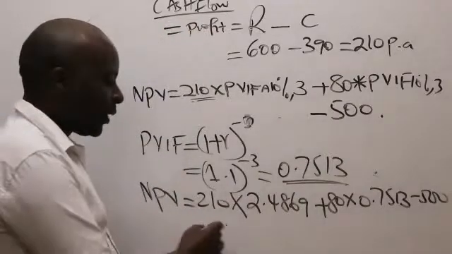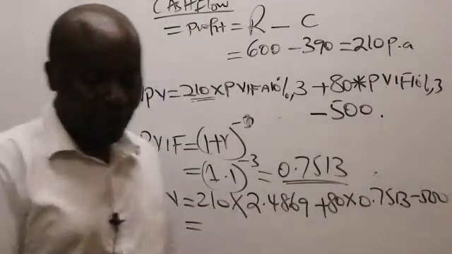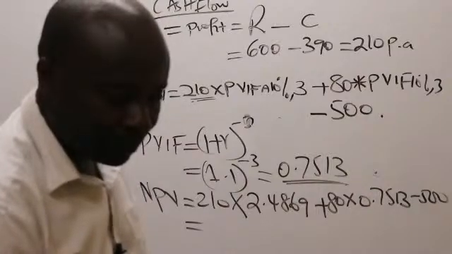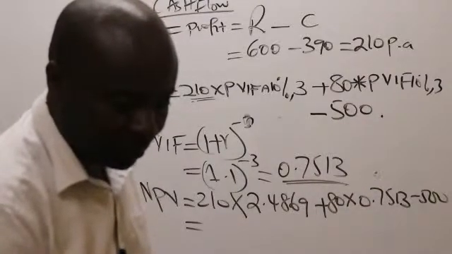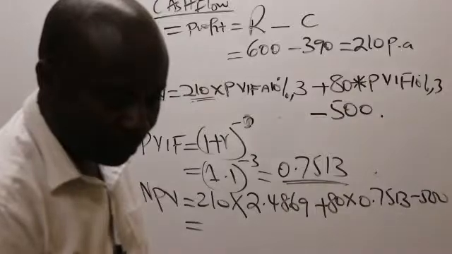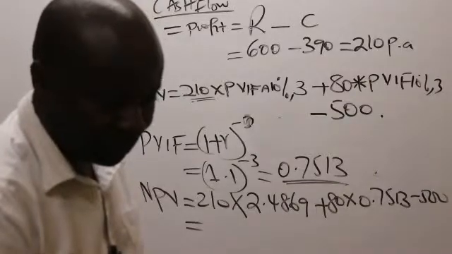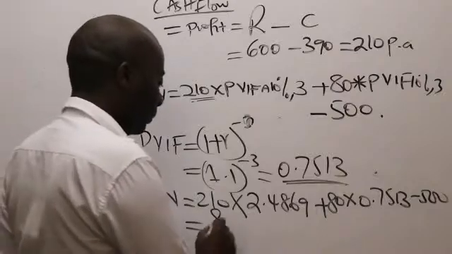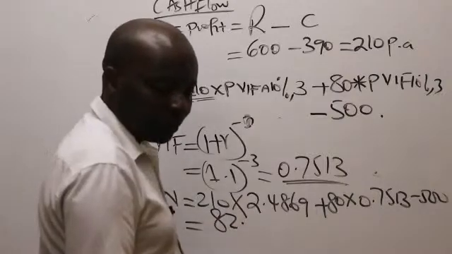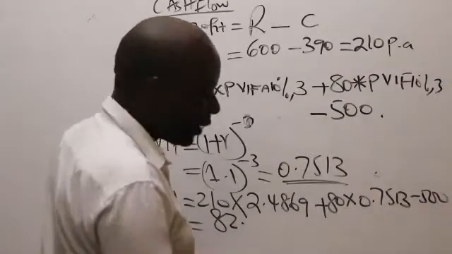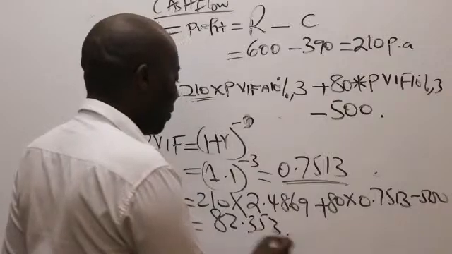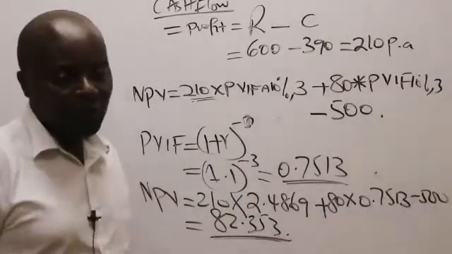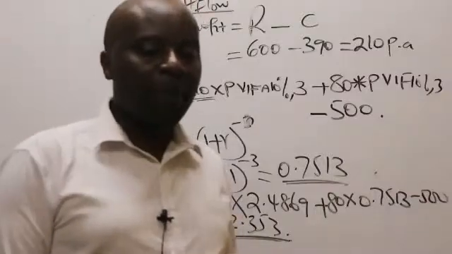What does that end up giving us as our net present value? It is 82.353. If you want, you can say in millions. I prefer dropping the millions, but even if you put them there, there is no problem.